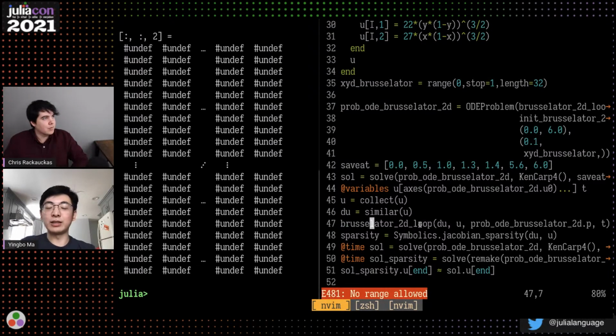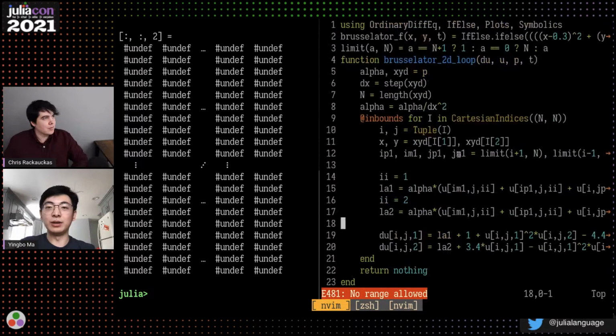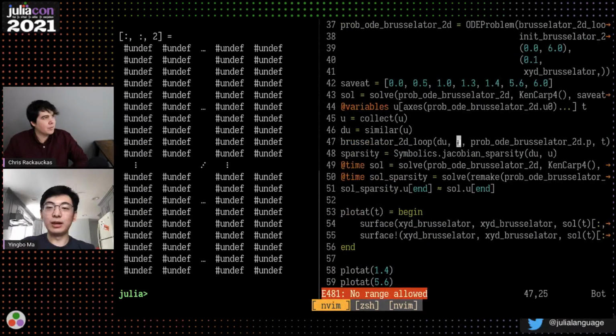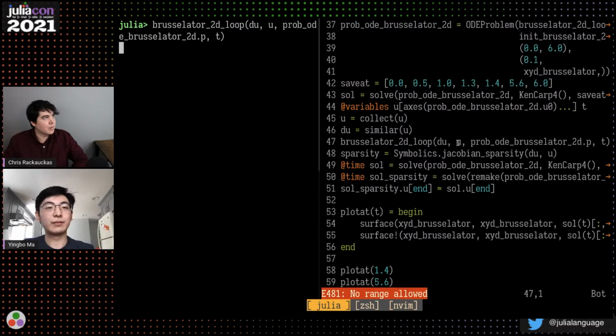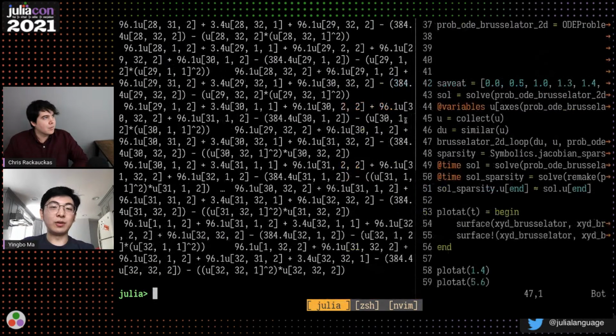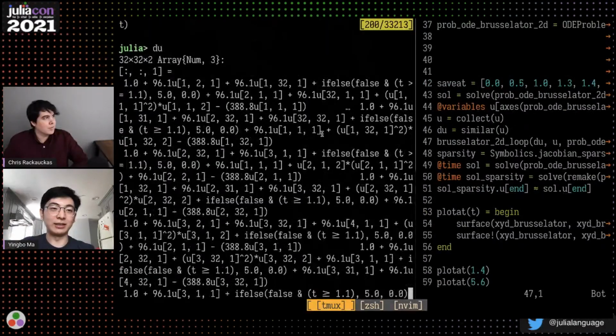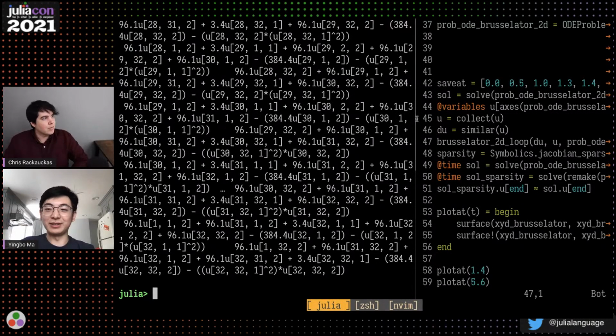Now we just call the right-hand side function of the PDE. So it is the definition of the PDE on the symbolic expressions with appropriate parameters. So here is the fully traced version of the PDE discretization. As you can see, that is rather complicated.